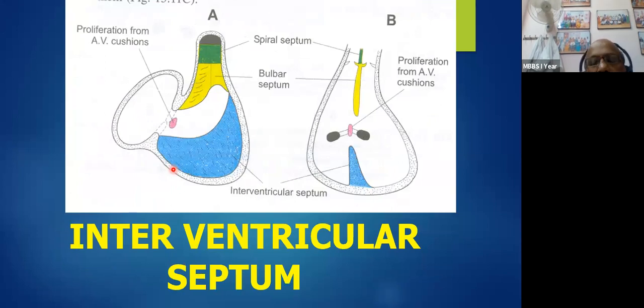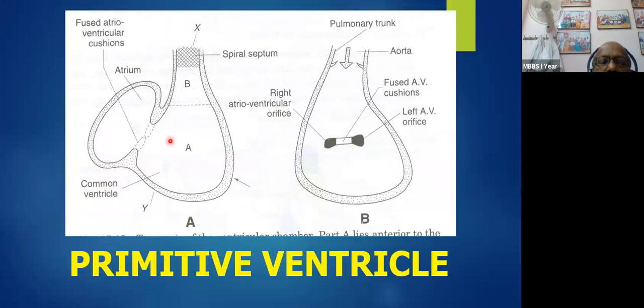First we are going to see the development of the interventricular septum. In this common ventricular chamber, first a septum forms, separating the common ventricle into right and left. That septum originates from the floor of the common ventricular chamber.